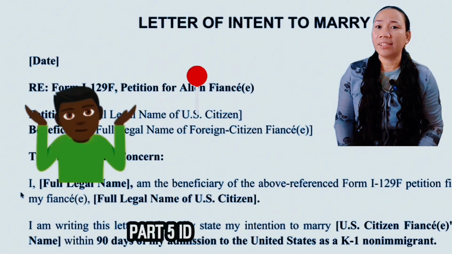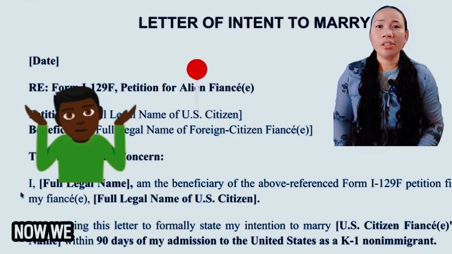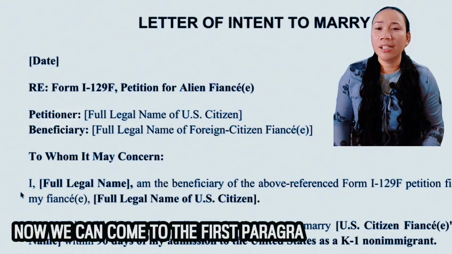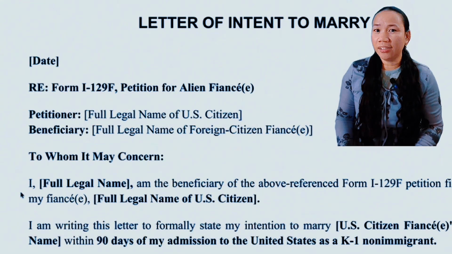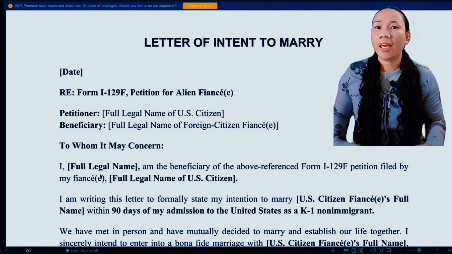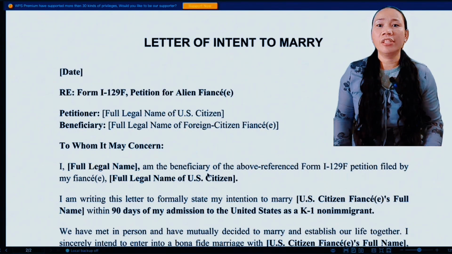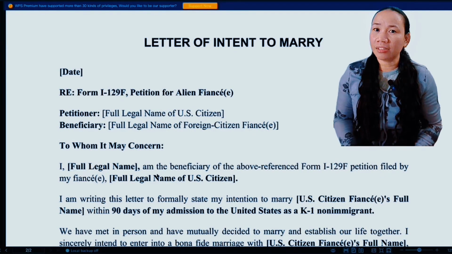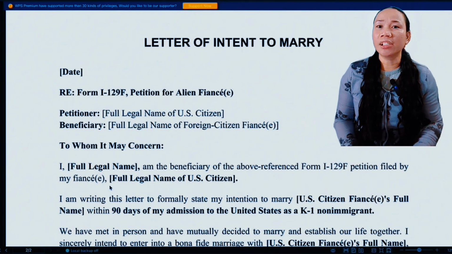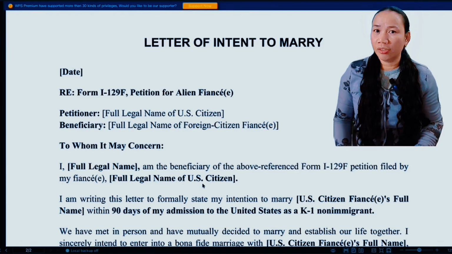Part 5. Identify yourself. Now we can come to the first paragraph. In the sample, the beneficiary writes, I, then the full legal name, am the beneficiary of the above referenced Form I-129F petition filed by my fiancé or fiancée, then the full legal name of the U.S. citizen.